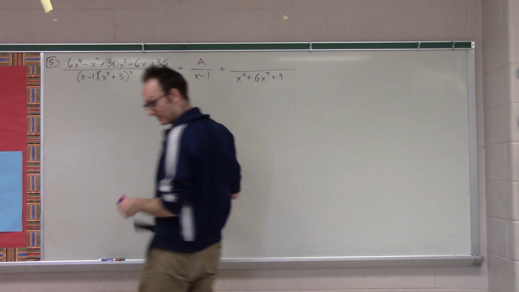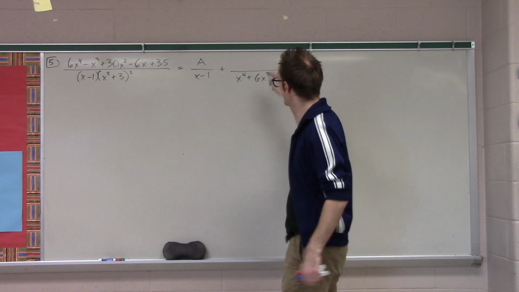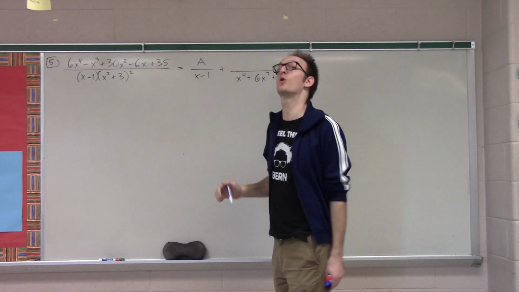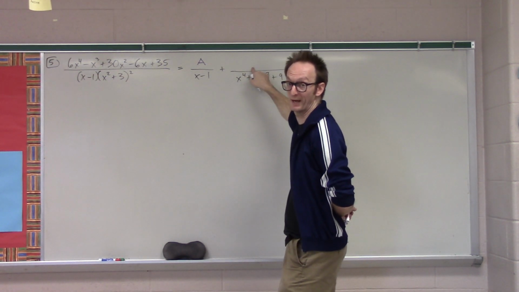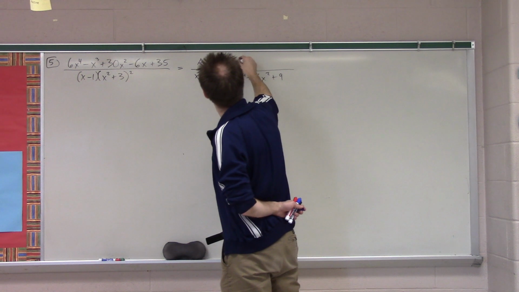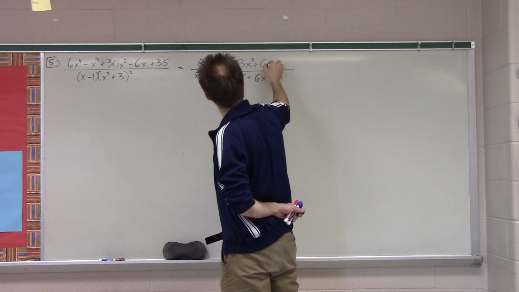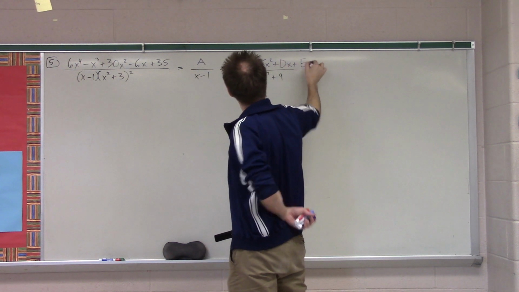So it has to be just a number, and the numerator of this rational expression must also be a degree less, so we have to allow for it to be a cubic at most, and so we'll write this as bx cubed plus cx squared plus dx plus e.